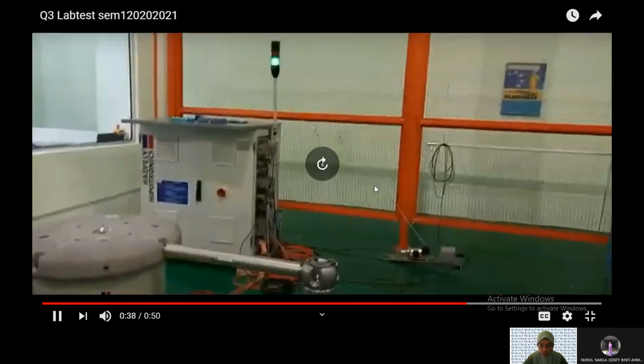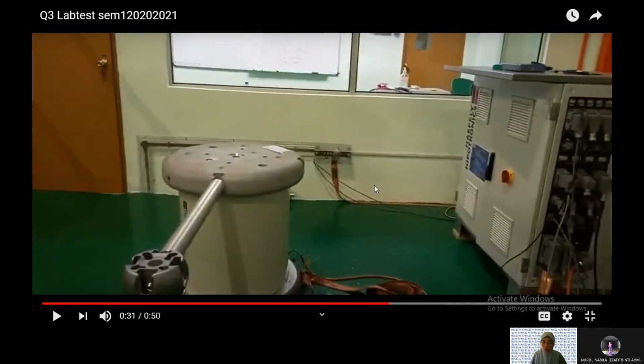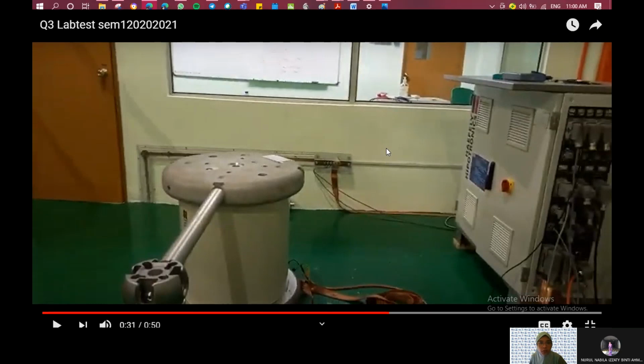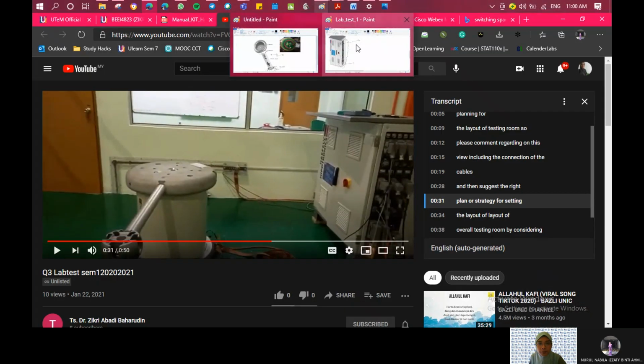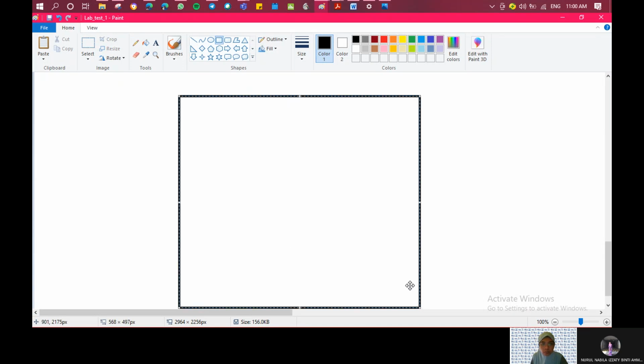Okay. And the question asks us to give a suggestion about the proper strategy for the layout inside the cage itself. So I think we can do it here. Okay, let's say this is our cage.